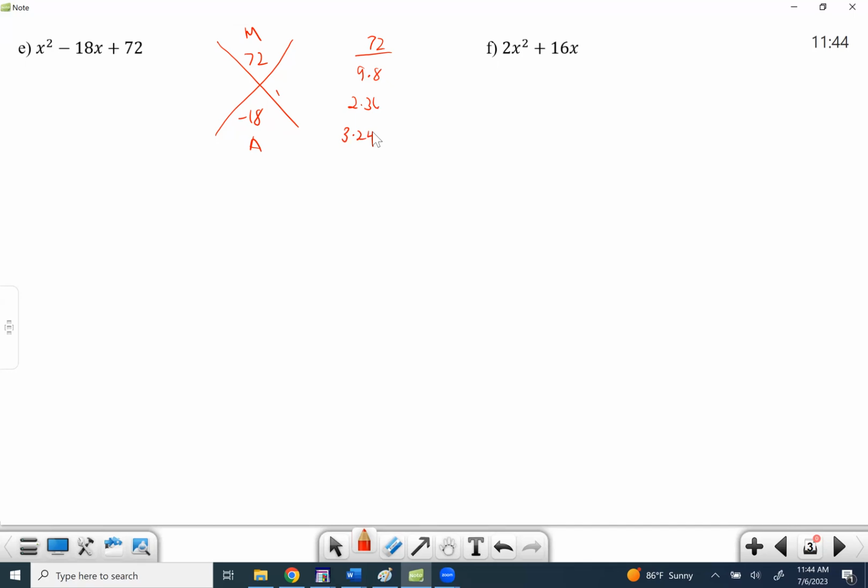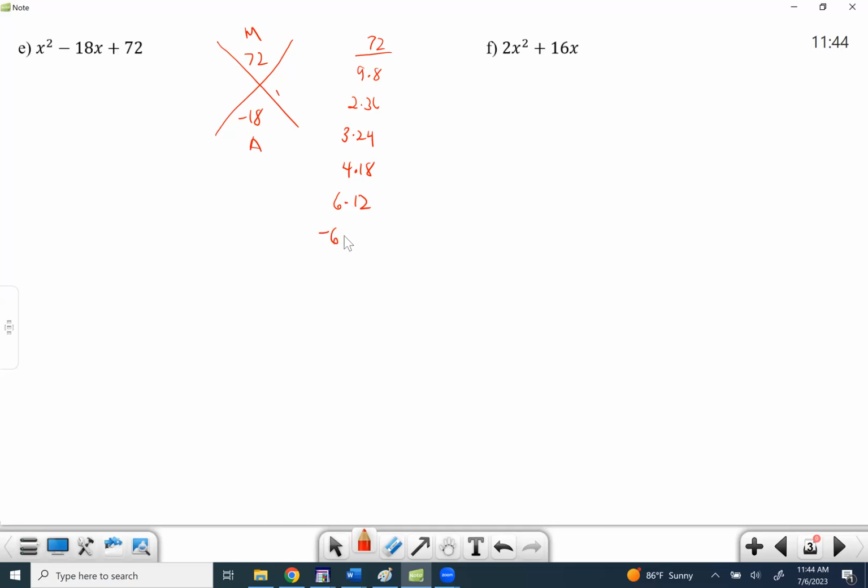And then you might do 72 divided by 4: 4 and 18. Okay, we're getting closer, but that's not quite it. 5's not going to go in, so it turns out 6 is the winner, by the way. Now, it's not going to be 6 times 12 because that wouldn't add up to negative 18. That would add up to positive 18.